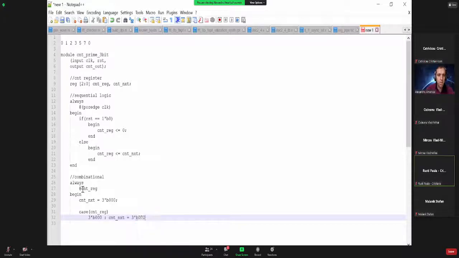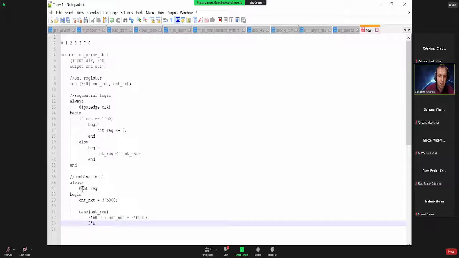Now it's 1. So basically, if you're in state 0, you're going to, sorry, I saw a 3 there. Okay. If you're in state 1, you're going to enter in which one? State 2.